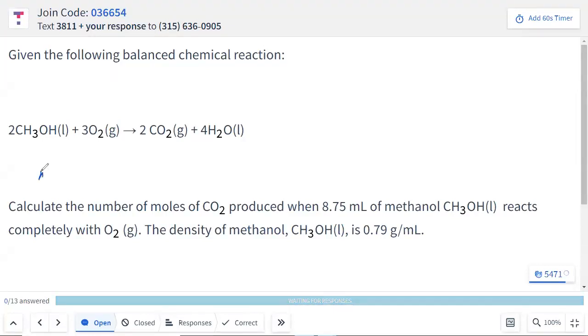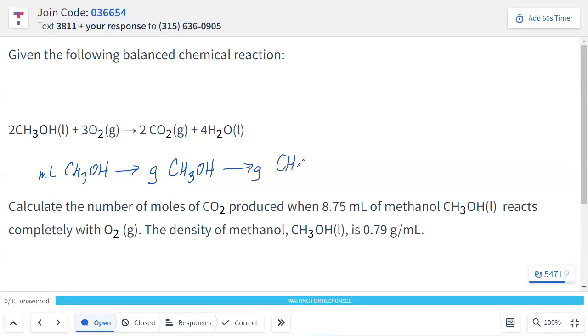We want to take the milliliters of methanol and turn them into grams. Then we're going to turn the grams of methanol into moles and convert the moles of methanol into moles of carbon dioxide. And since that is what we're asked for, that's where we will stop this particular calculation.